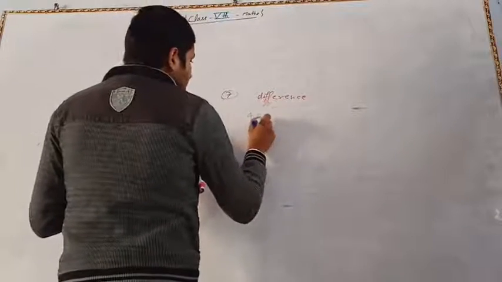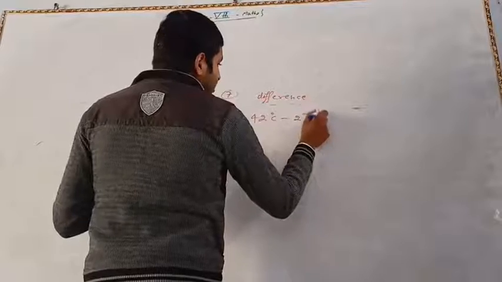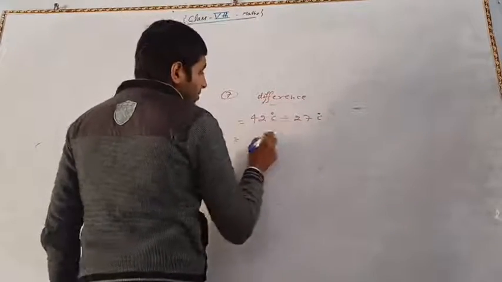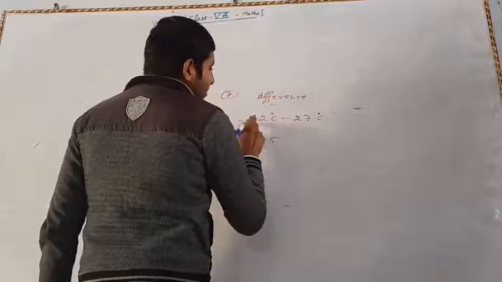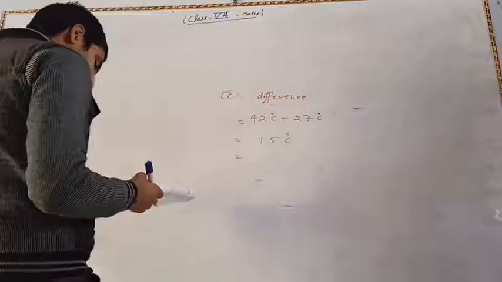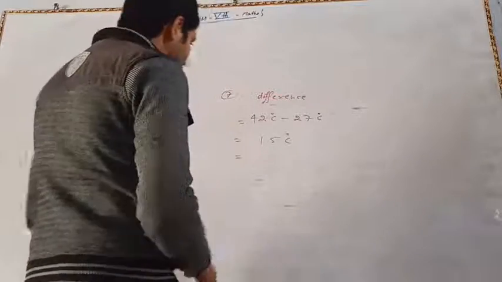So the difference is 42 degrees Celsius minus 27 degrees Celsius, which is equal to 12 minus 7 is 5, 3 minus 2 is 1, so 15 degrees Celsius. And you also have to convert it into degree Fahrenheit.